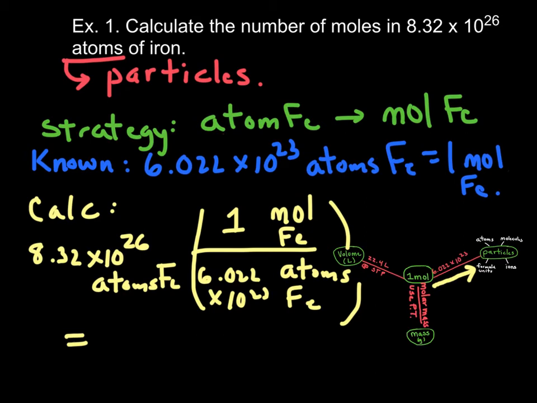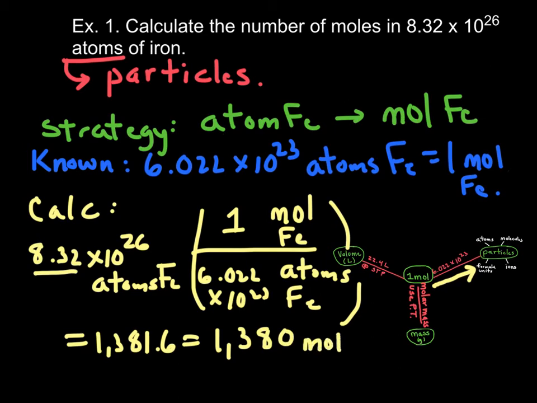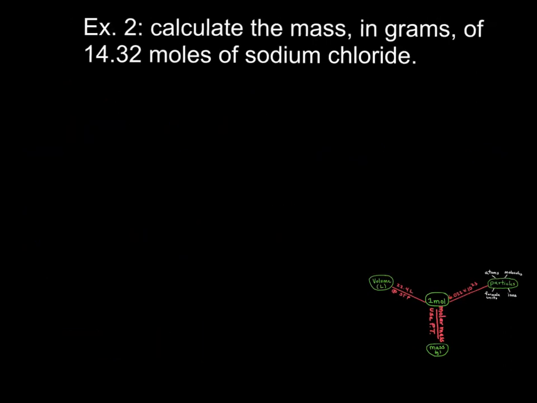We get a calculator answer of 1,381.6 moles, but because of sig figs, we started with 3 sig figs over here. We can only keep 3 sig figs. Our final answer is 1,380 moles of iron, and that is our final answer.